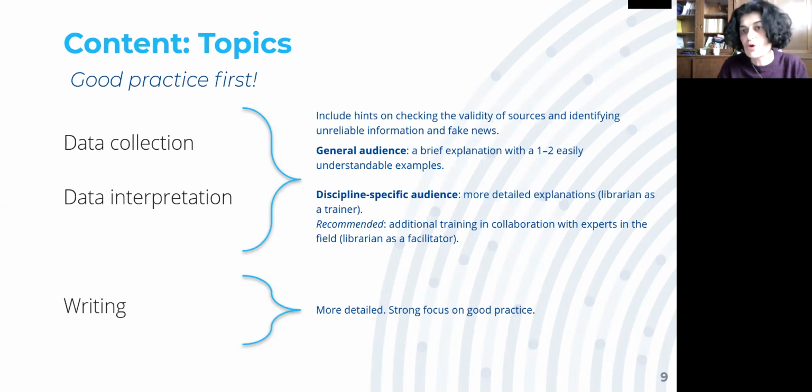Librarians are not always competent to explain, for example, how data is collected in medical research or in chemistry. So this is just a brief mention, just to give them the idea that it's not all about writing.